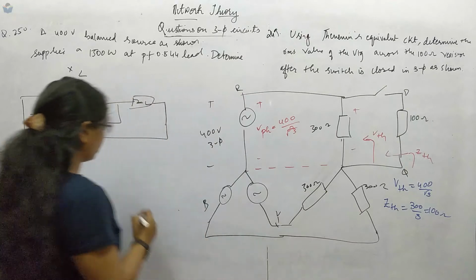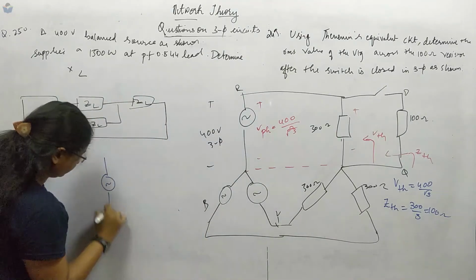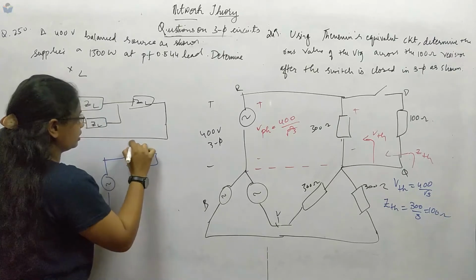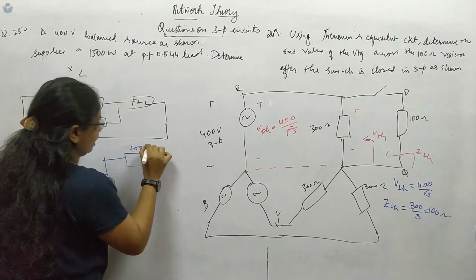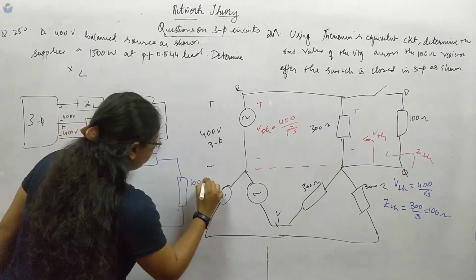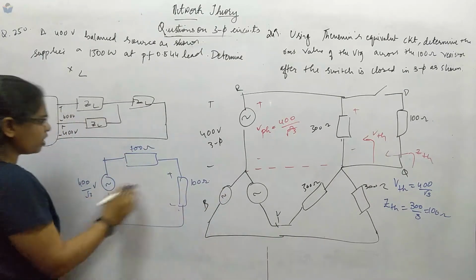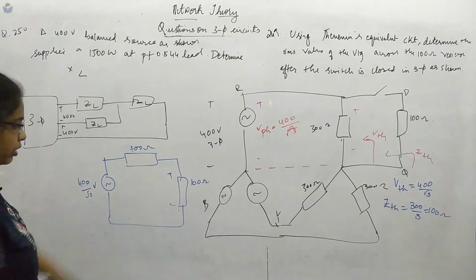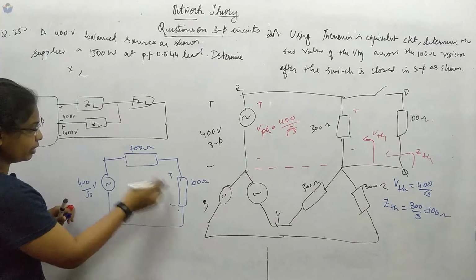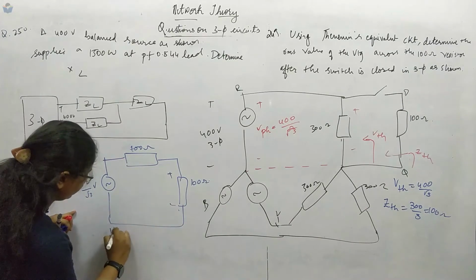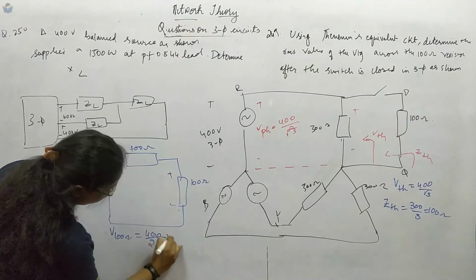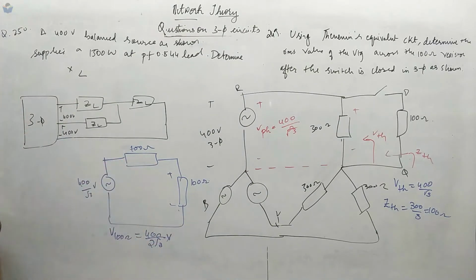Now the circuit will be 400 by root 3 volts with ZThevenin of 100 ohms, and across PQ there was a 100 ohm connected, right? So we have to find the voltage across this one. If you apply the voltage division rule, or since the resistances are the same, you can divide by 2: 400 by 2 root 3 volts. That is the voltage across this one.